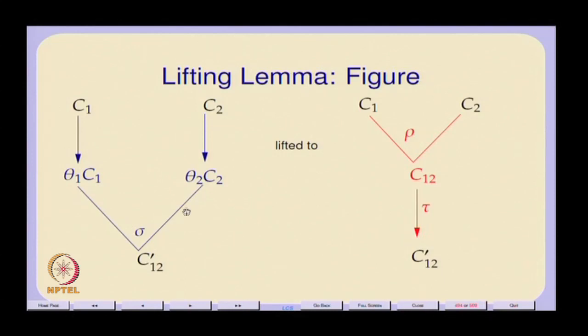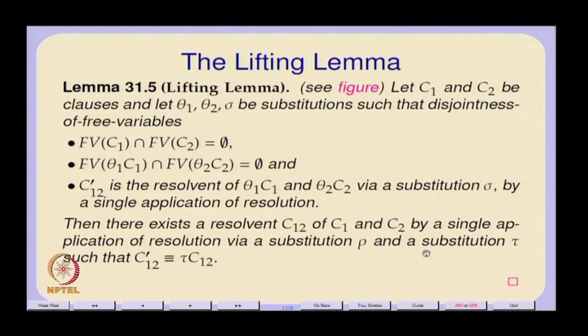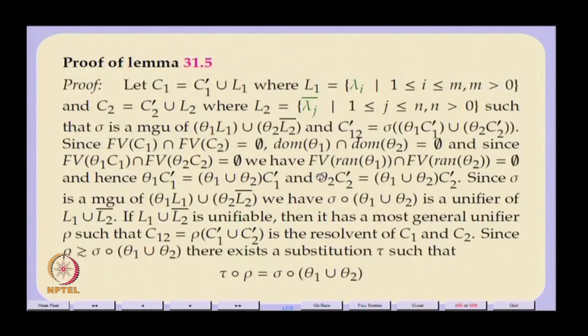But whenever that is possible, it is also possible to do a predicate logic, first order resolution, and get the same effect by doing an appropriate ground substitution tau. This is what this lemma says, and the proof of this lemma I am going to leave to you to study on your own. It is an important lemma.